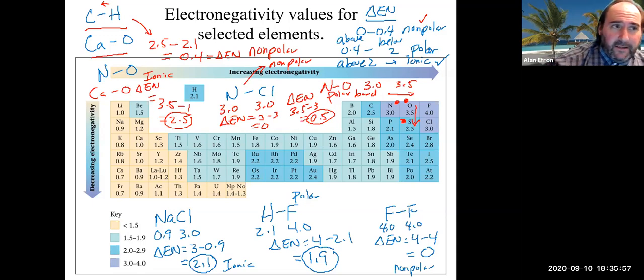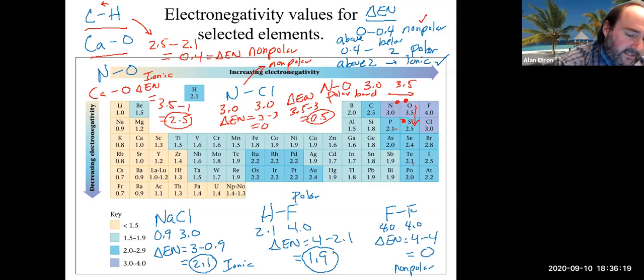And probably 9 times out of 10, if it's two different elements, they're going to be some type of polar bond if they're both nonmetals, as long as you look at the periodic table and you don't have that sort of diagonal move. And that diagonal move does follow all the way down a little bit. You've got the P and the Te here as well, so you've got that diagonal thing.